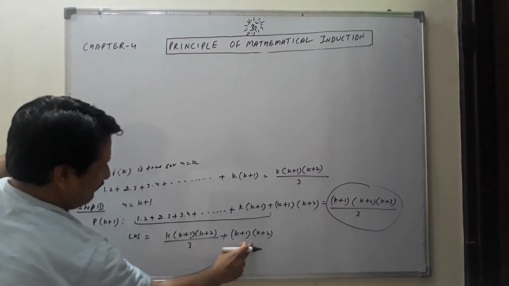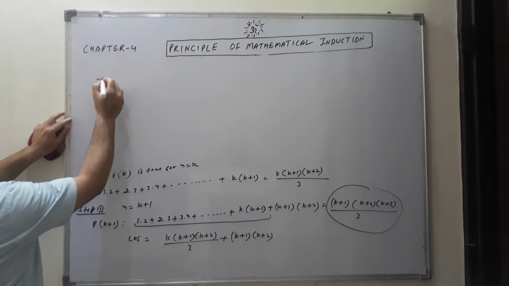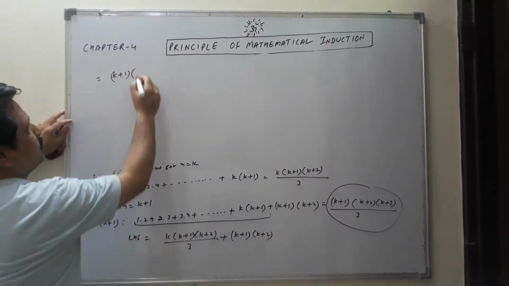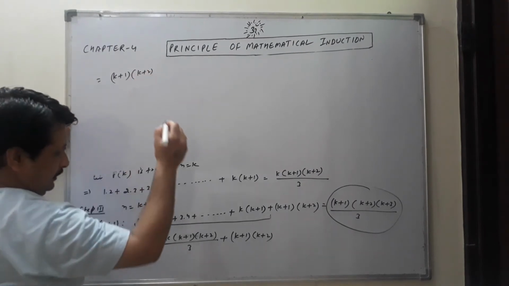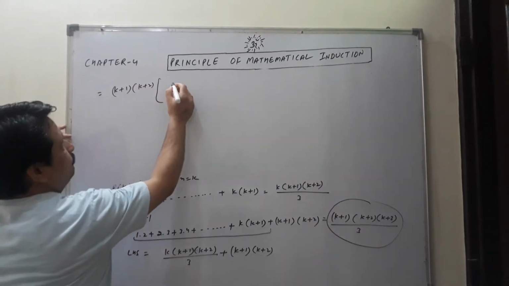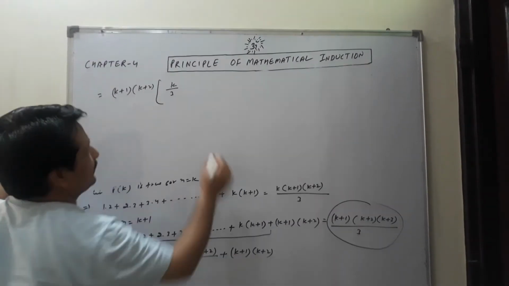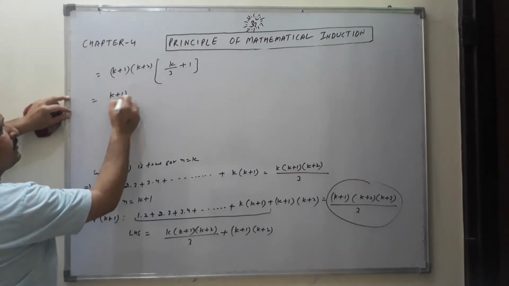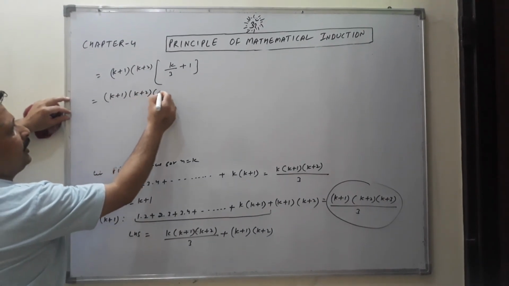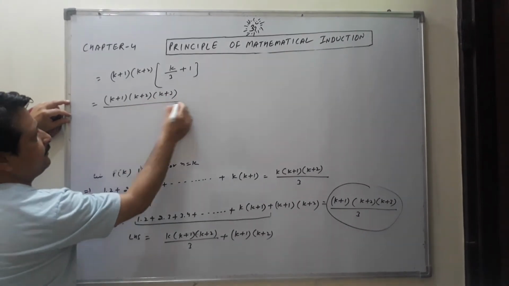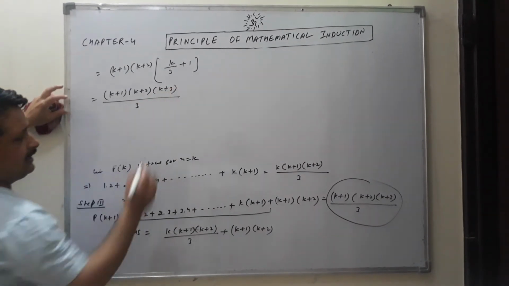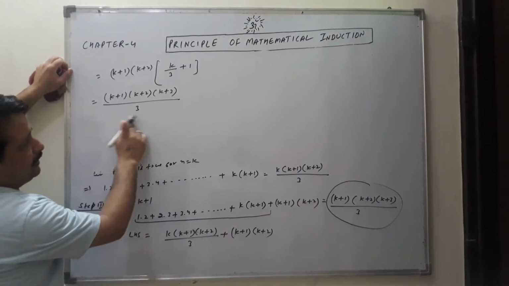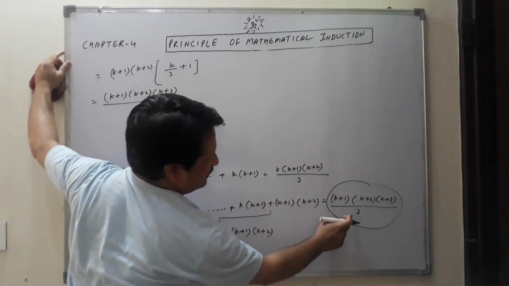So what I am doing here, I am taking k plus 1 into k plus 2 as common, and here I have k upon 3 plus 1. So students, it will come as k plus 1 into k plus 2 into k plus 3 upon 3. This is your left hand side after solving, and this is your right hand side, students.